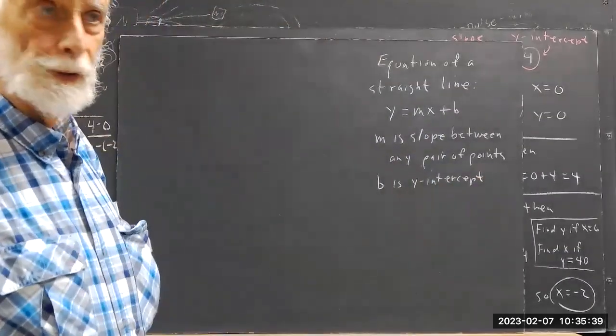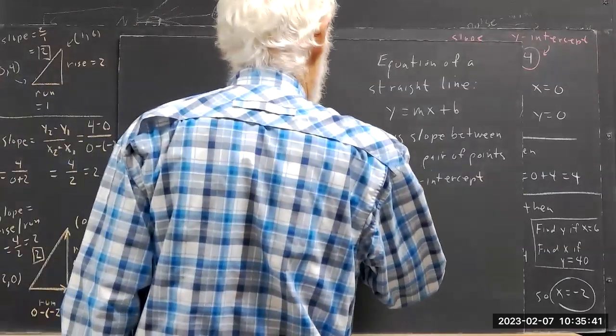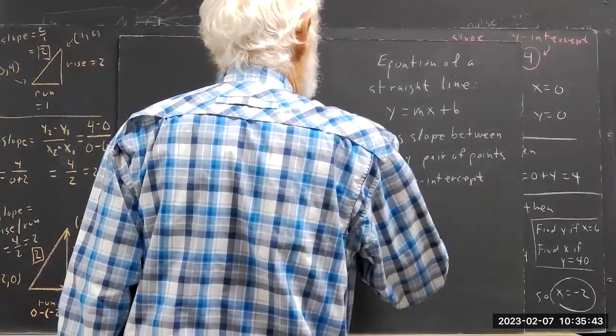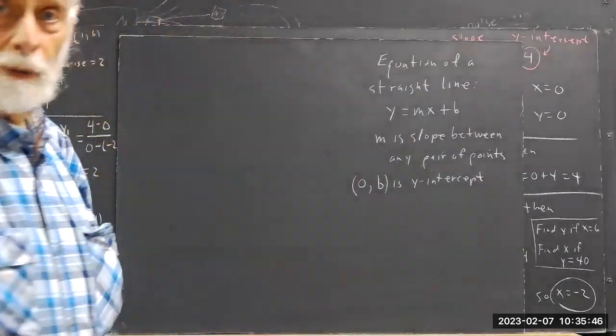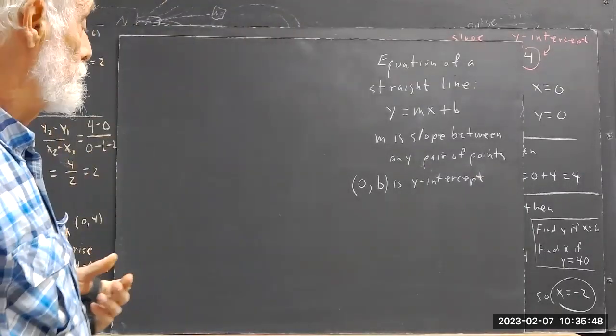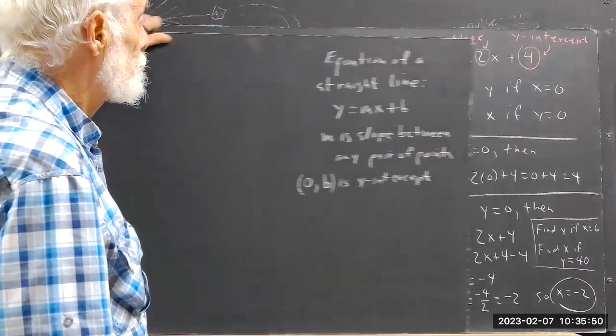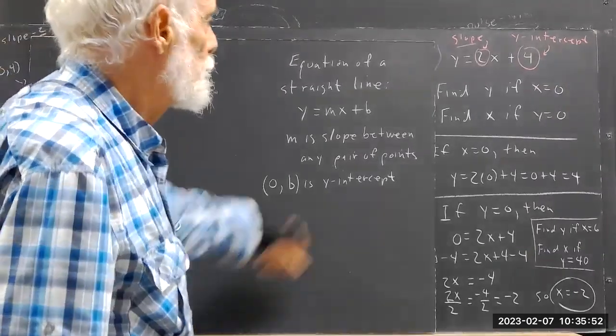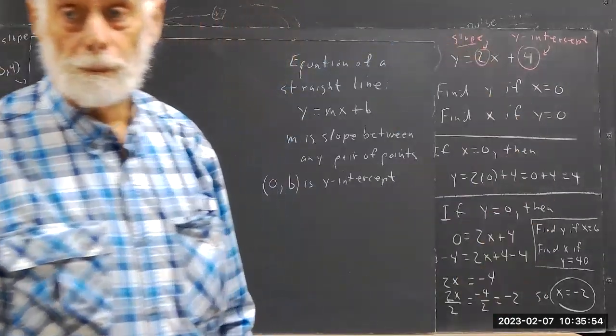And b is the y-intercept. Or if we call the y-intercept a point, the point (0, b) is the y-intercept. Okay, so we've seen that for this equation.